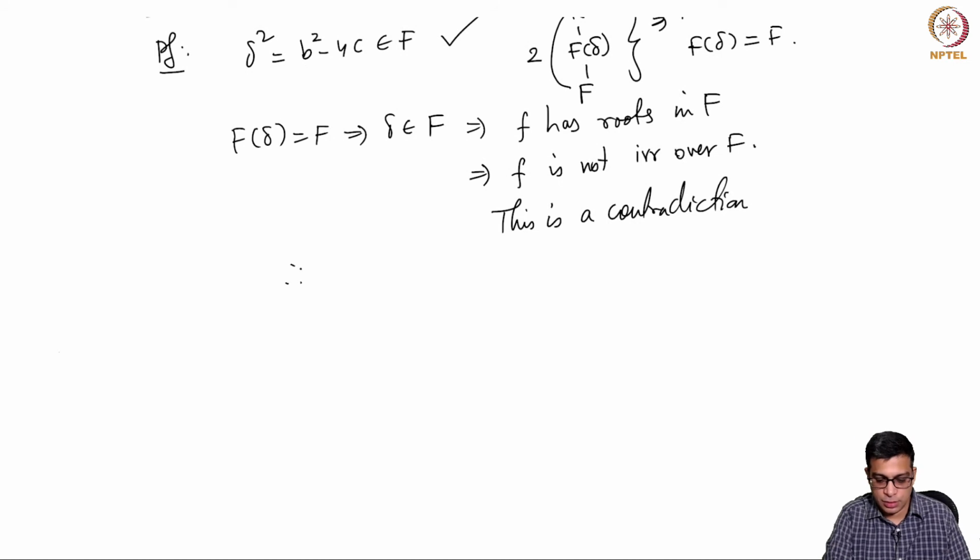So that means F(delta) must be K. Okay, so that proves this.